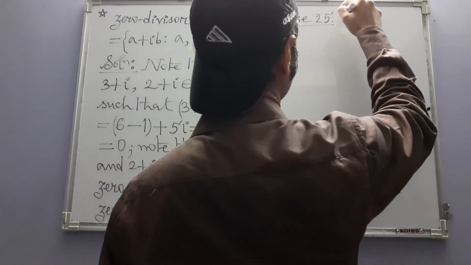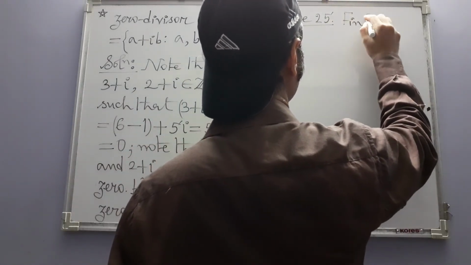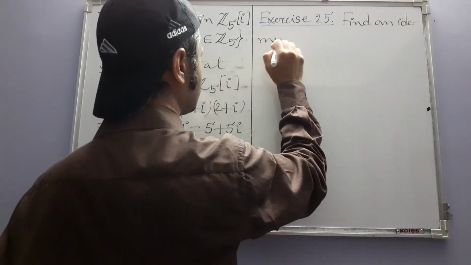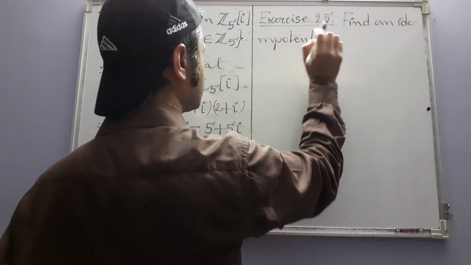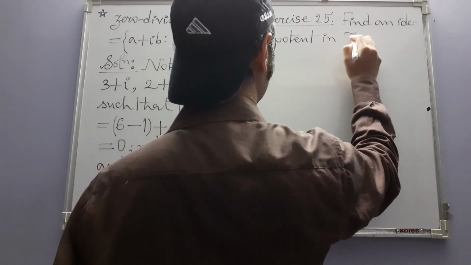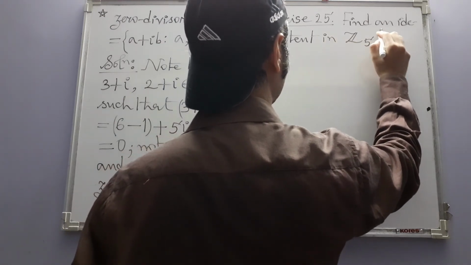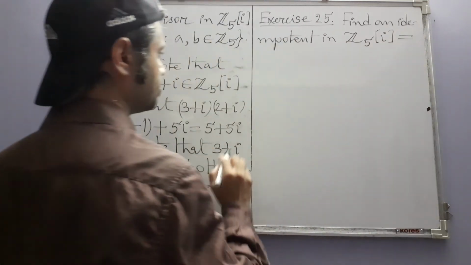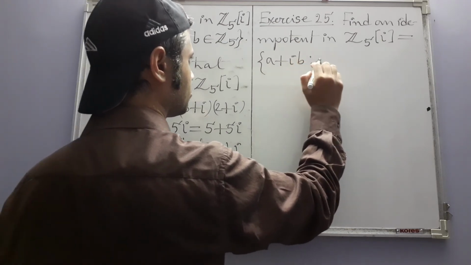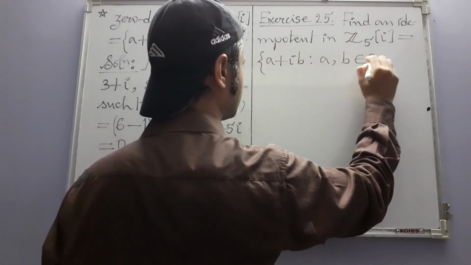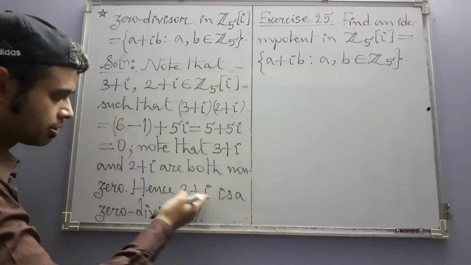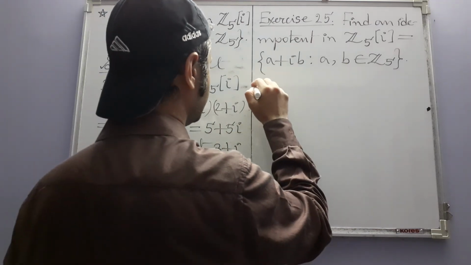Find an idempotent in again that same ring. And this itself, 3 plus i will turn out to be an idempotent element.